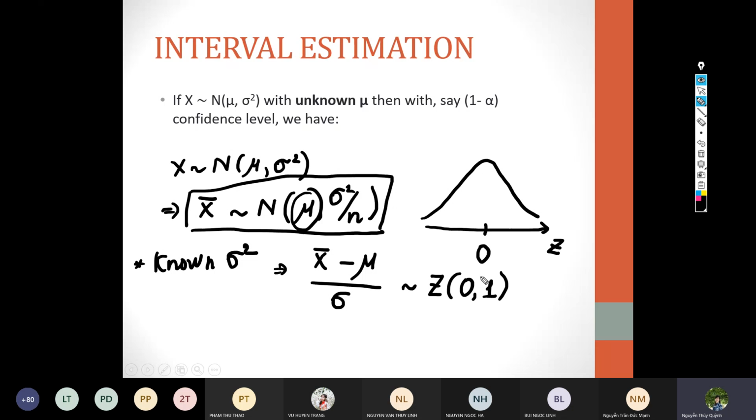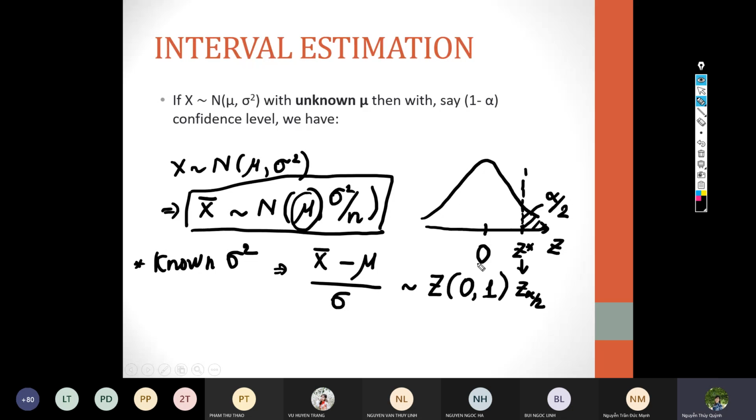If we have a z star such that the probability that z is larger than z star is equal to alpha divided by 2, then we call z star z alpha divided by 2.